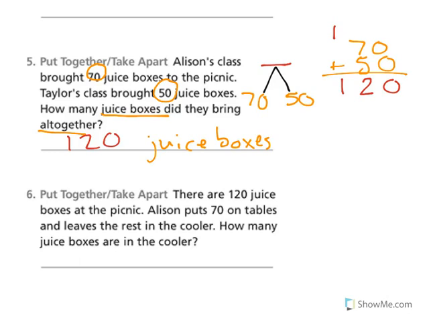All right, number 6. There are 120 juice boxes at the picnic. Allison puts 70 on tables and leaves the rest in the cooler. How many juice boxes are in the cooler? So, here we have our math mountain. It sounds like in the whole situation there are 120 juice boxes.